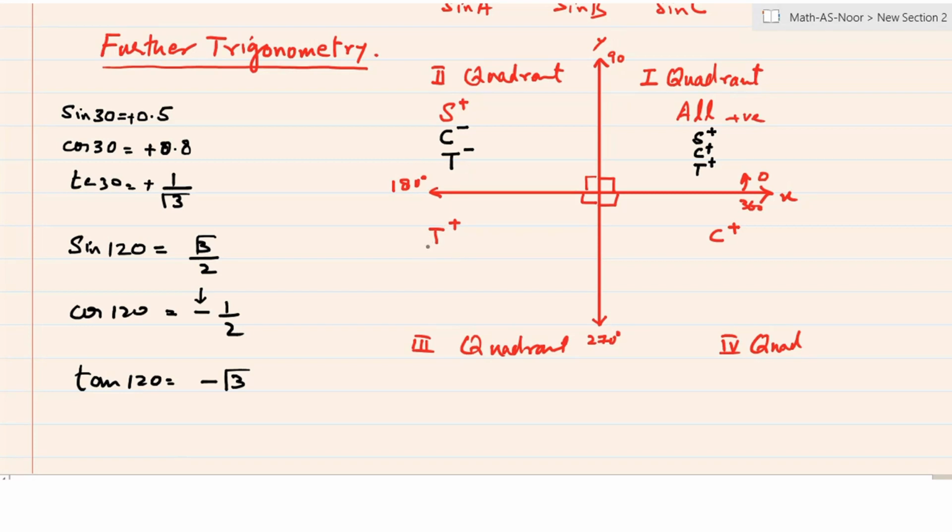When we come to the third quadrant, only tan will give you a positive answer, sine is negative, and cos is negative.